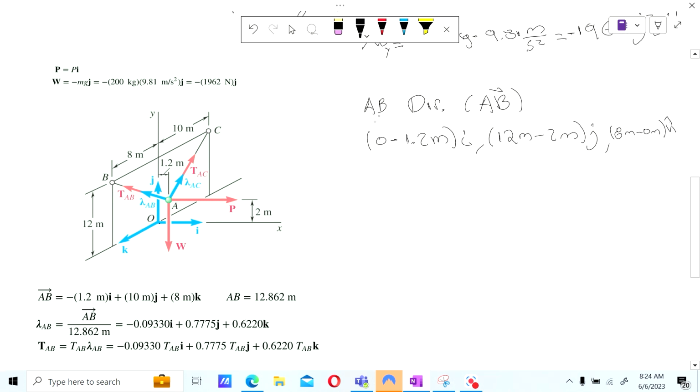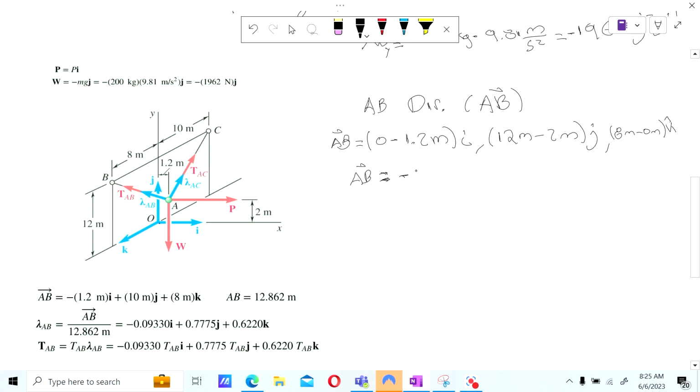All right, so this is the AB vector. That's where you have most of the issues, and I actually have issues there too sometimes, so you have to be very careful.